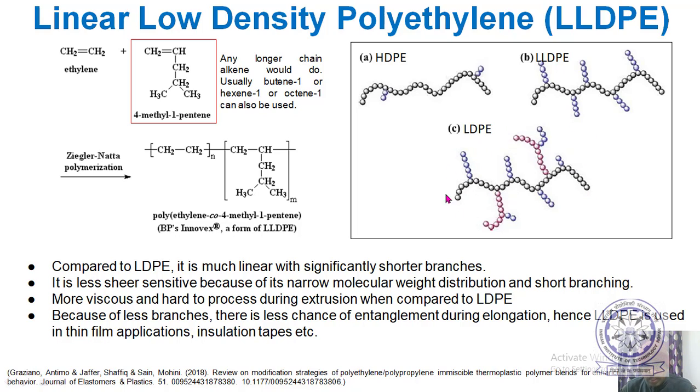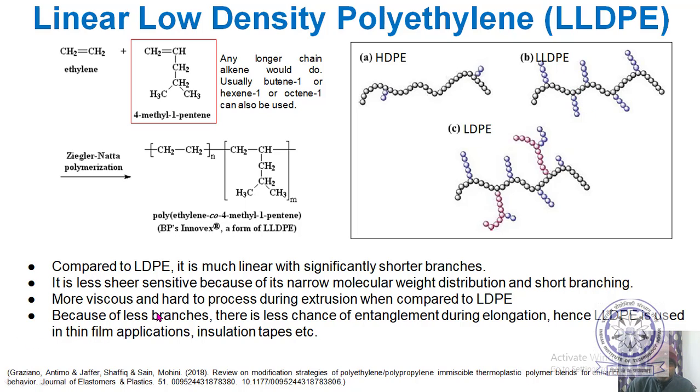This one is amorphous plus crystalline in nature. So here LLDPE is in between actually. These chains are not of this much length, so shorter lengths of chains will be there in linear low density polyethylene. Compared to LDPE, it is much more linear with significantly short branches. And it is shear sensitive because of its narrow molecular weight distribution and short branching.